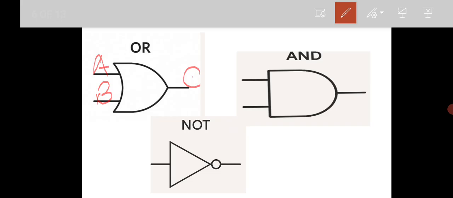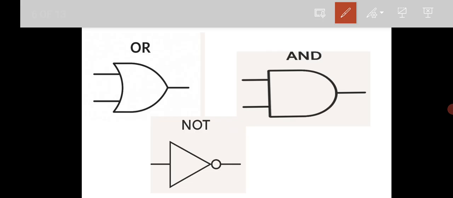The bulb will give light if and only if either A or B is equal to 1. So it gives a positive output of 1 when A is 1 and B is 0, or when B is 1 and A is 0. But when both A and B are 1, C will not give us any output. It will give us a 0.